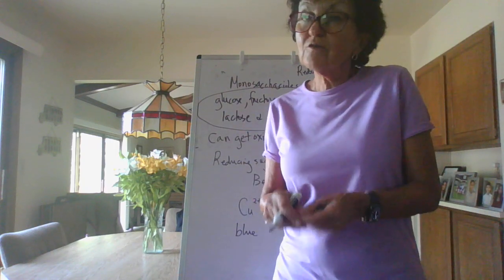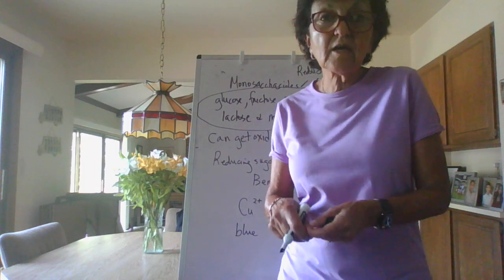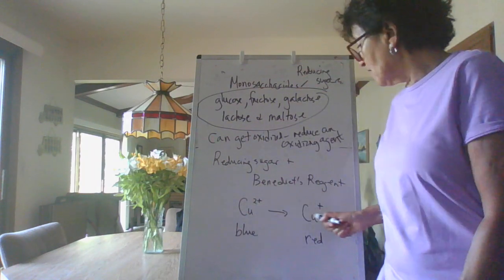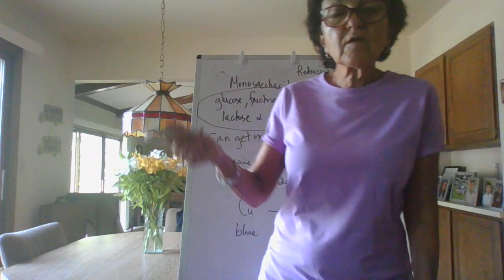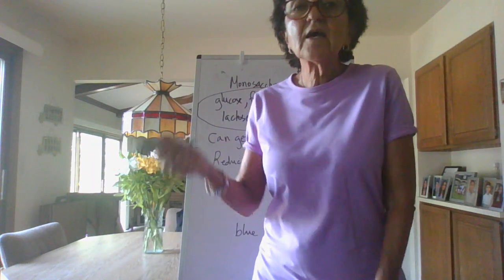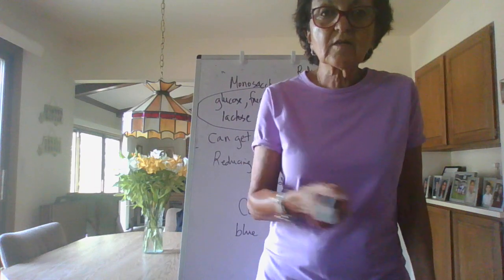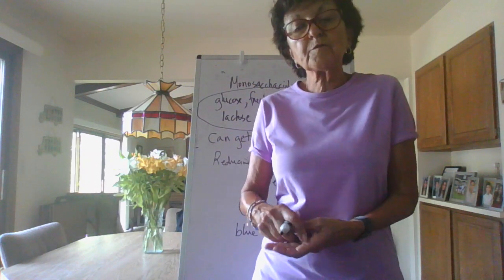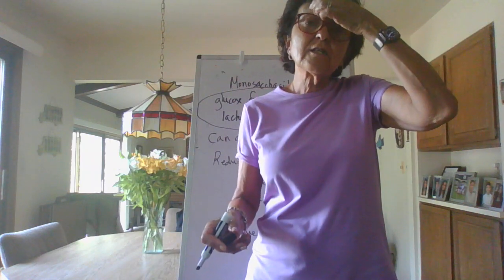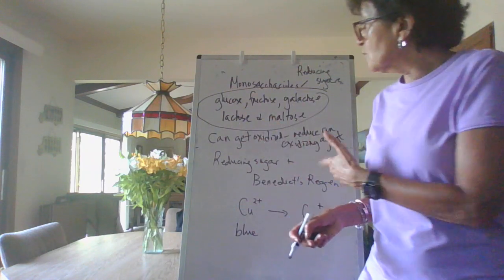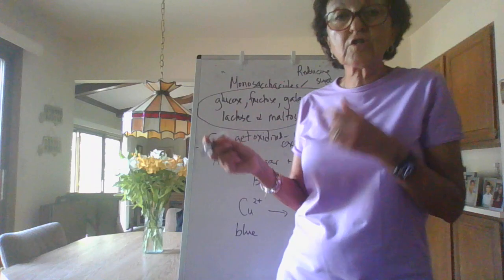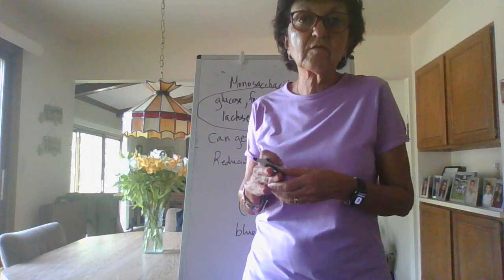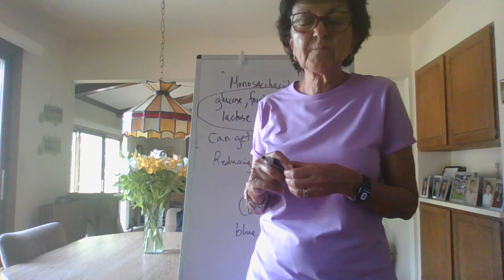Now, the urine's not supposed to contain glucose, but if it contains enough glucose, it can turn the Benedict's into a red color, which means the glucose got oxidized and the Benedict's got reduced. Because the Benedict's got reduced and changed color, they know this person has glucose in their urine. They stopped using it because Benedict's will also test positive for these other sugars, not just glucose. So now they use a specific glucose oxidase test, which is that dipstick.